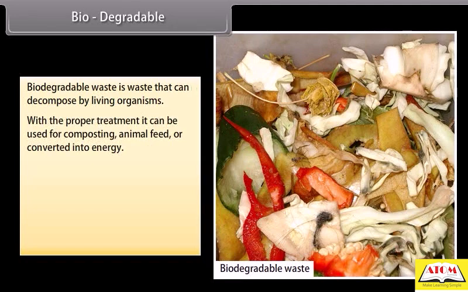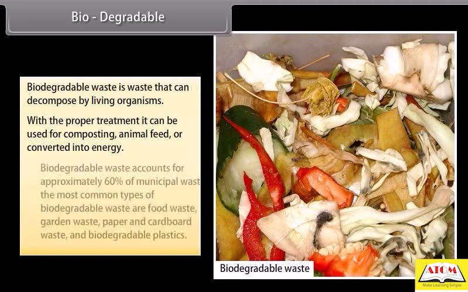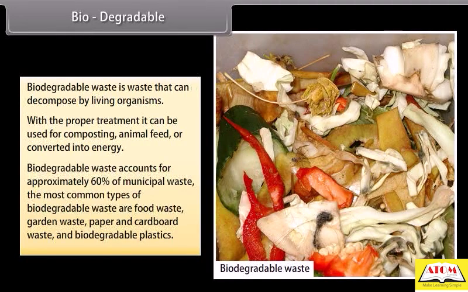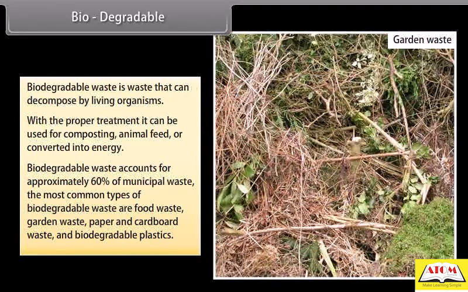With proper treatment, it can be used for composting, animal feed, or converted into energy. Biodegradable waste accounts for approximately 60% of municipal waste. The most common types of biodegradable waste are food waste, garden waste, paper and cardboard waste, and biodegradable plastics.